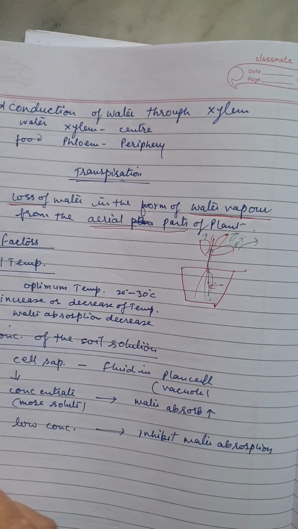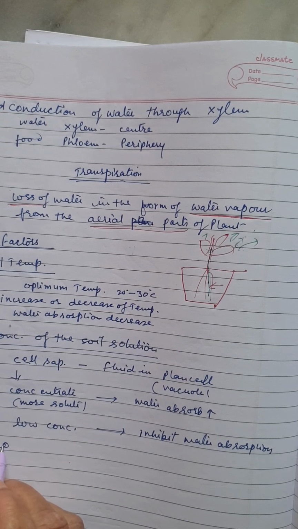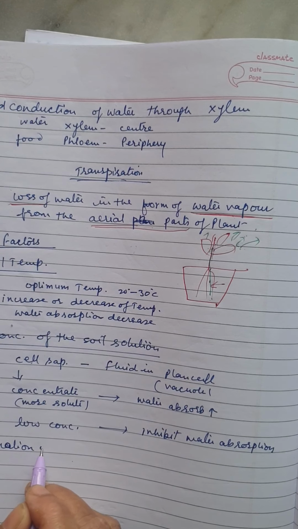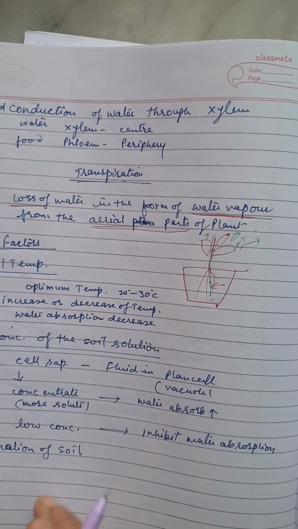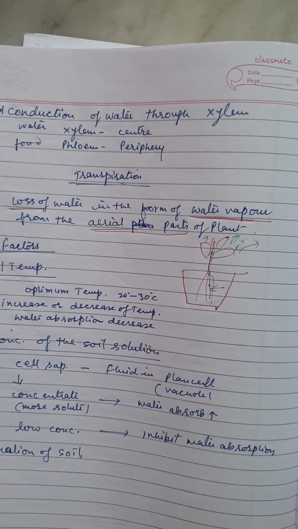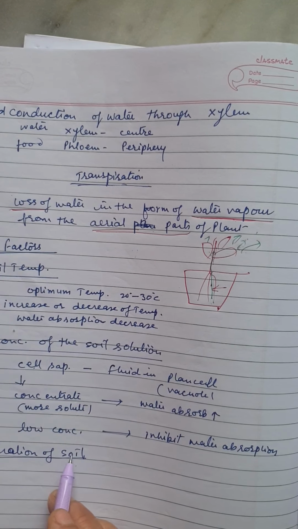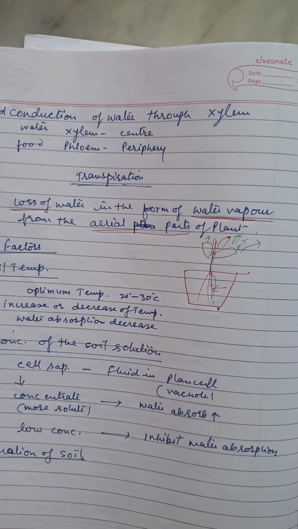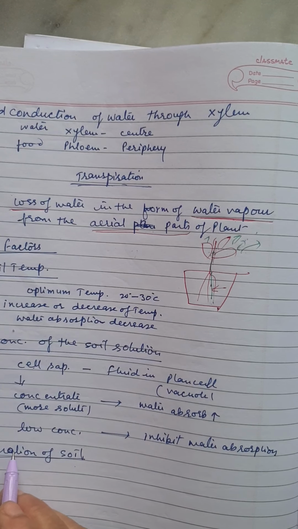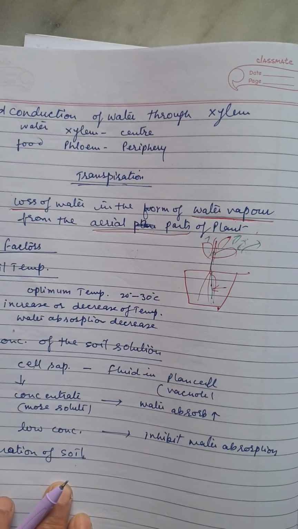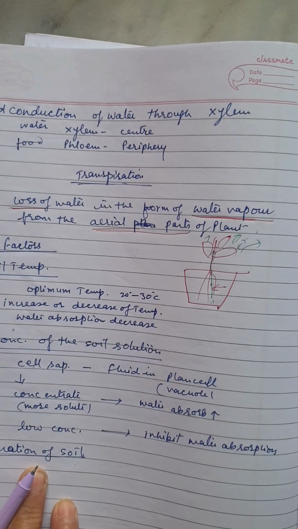Number 3 is aeration of soil. Aeration of the soil means the amount of air in the soil. As when we have the plant in the house or in the garden, from time to time we aerate them, we plow them.